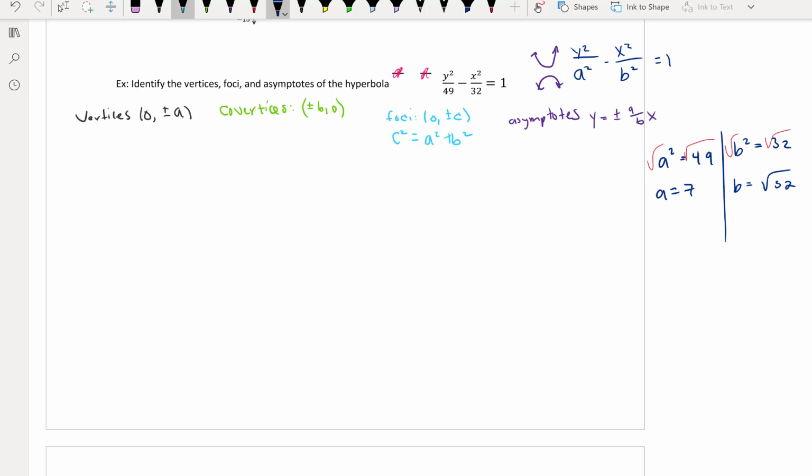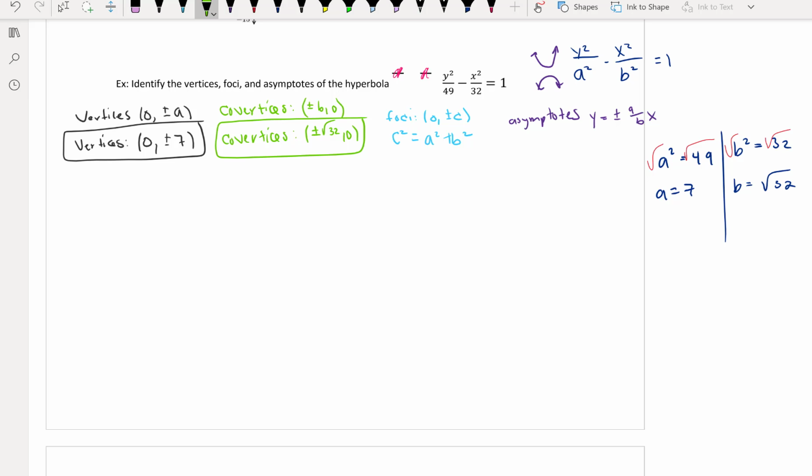Okay, so now I know that my vertices are going to be 0 plus or minus my a value, which is 7. And my co-vertices are going to be plus or minus my b value, which is the square root of 32, comma 0.